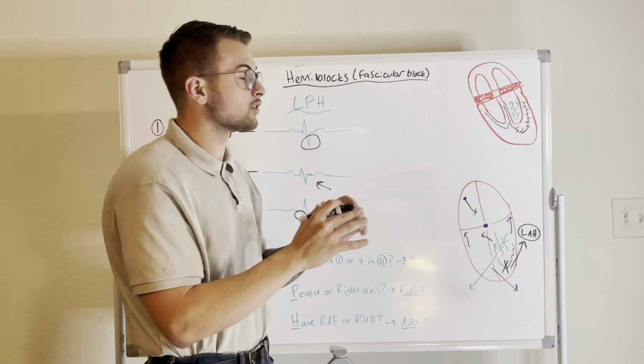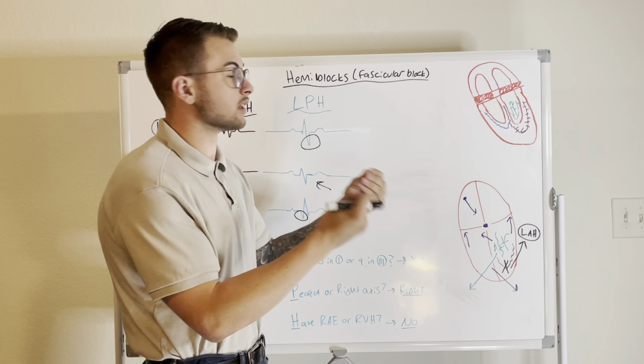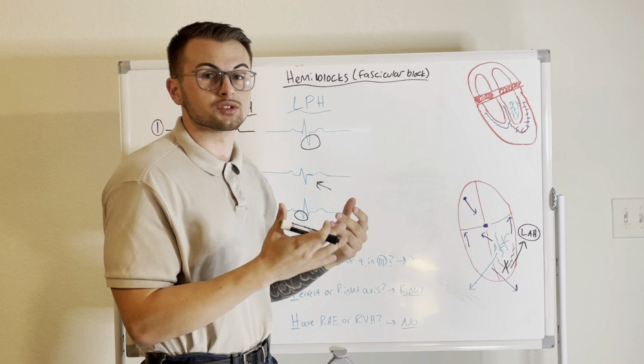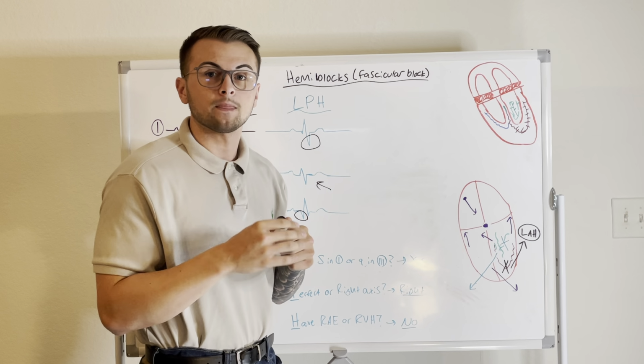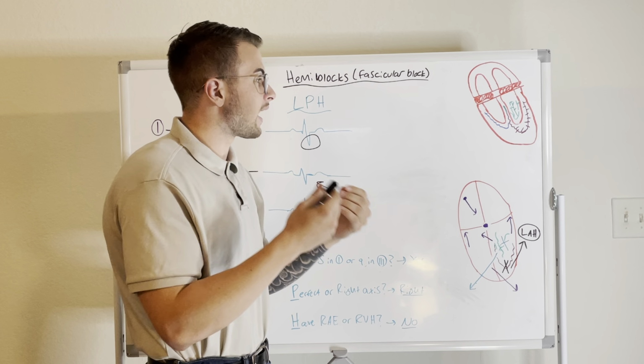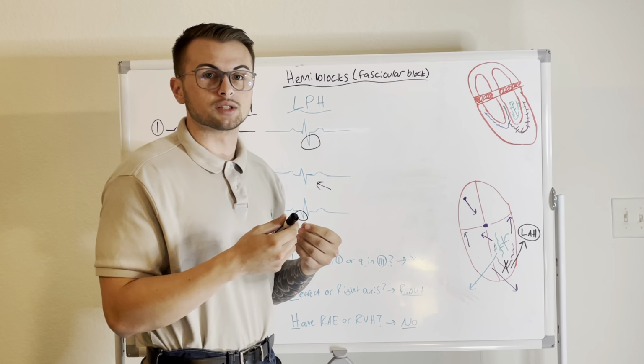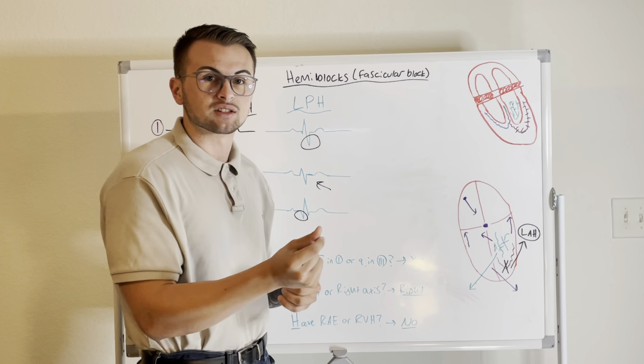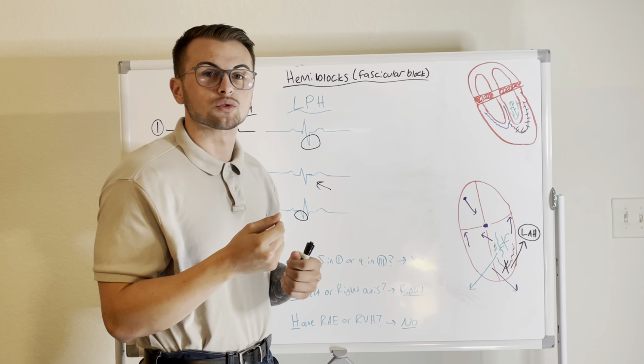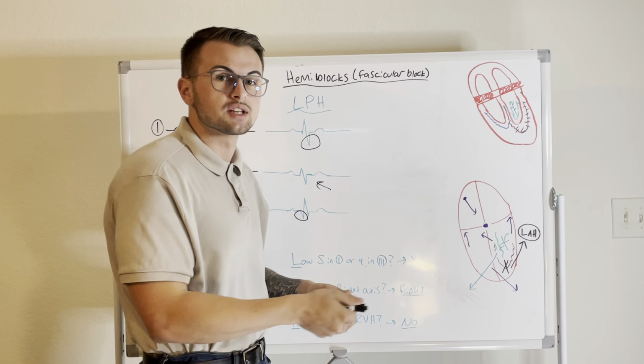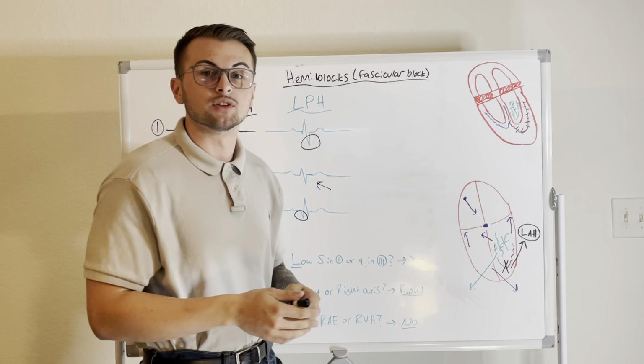Remember, everything we talk about today, we're talking about the left ventricle only. If the left ventricle isn't working, we're not living. So when one of these fascicles becomes blocked for some reason, we don't have that fast activation anymore, and we have to rely on this slow cell-to-cell activation of the left ventricle.